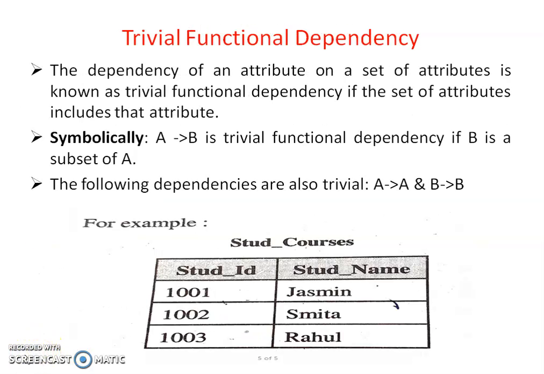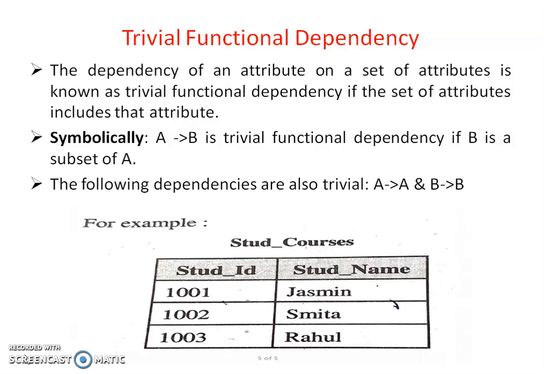Now we discuss the next type of functional dependency, that is trivial functional dependency. The dependency of an attribute on a set of attributes is known as trivial functional dependency if the set of attributes contains the attribute itself.